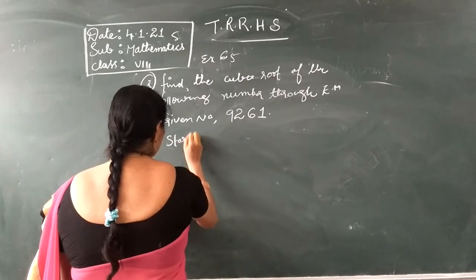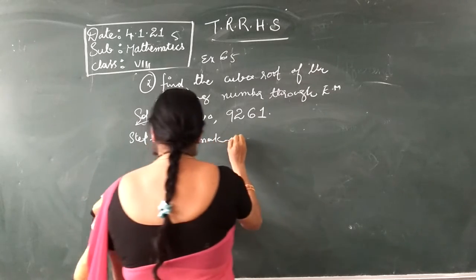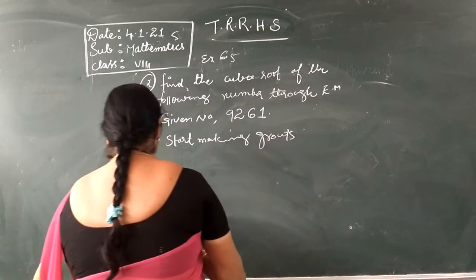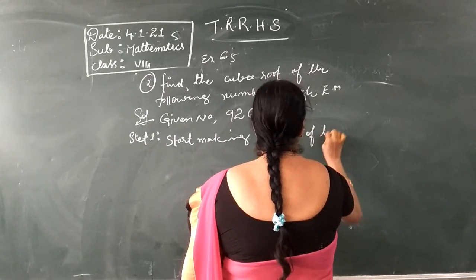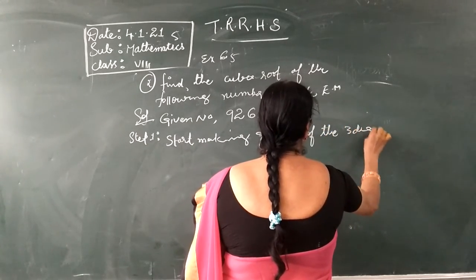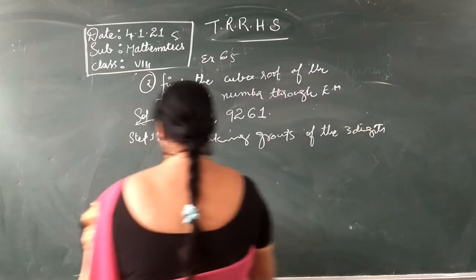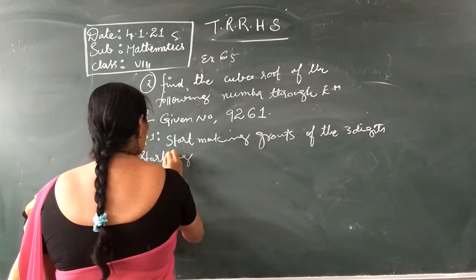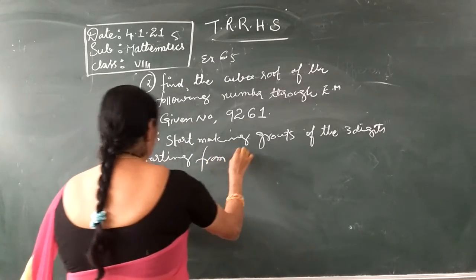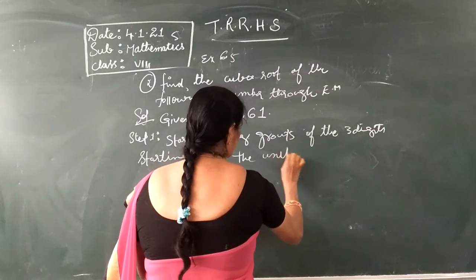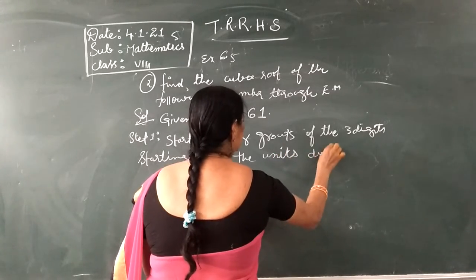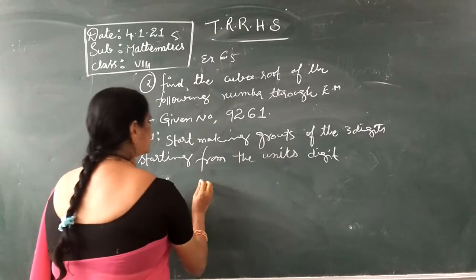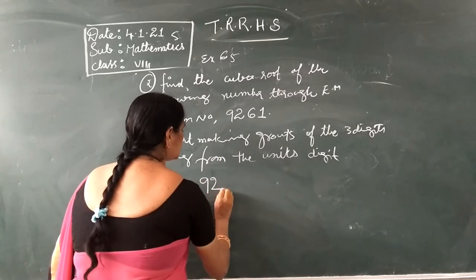Start making groups of 3 digits, starting from the units digit. So first you have to group 9, 2, 6, 1.